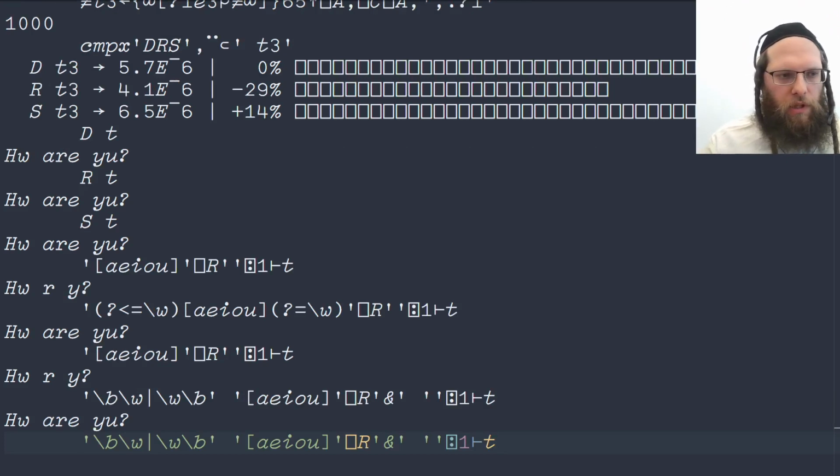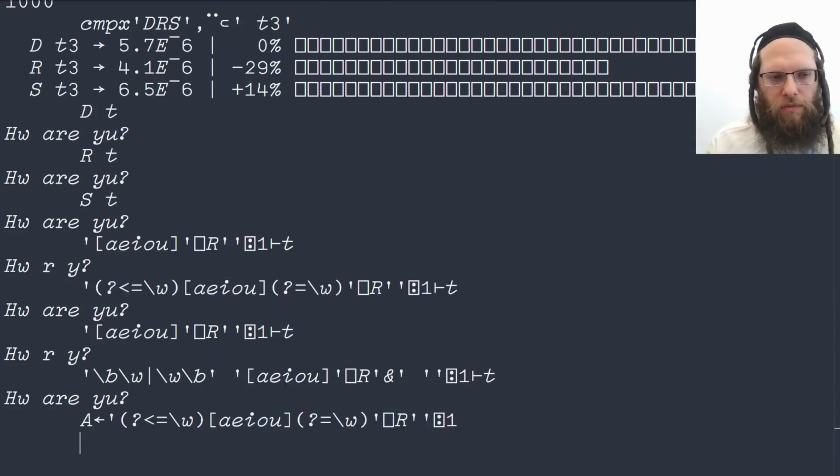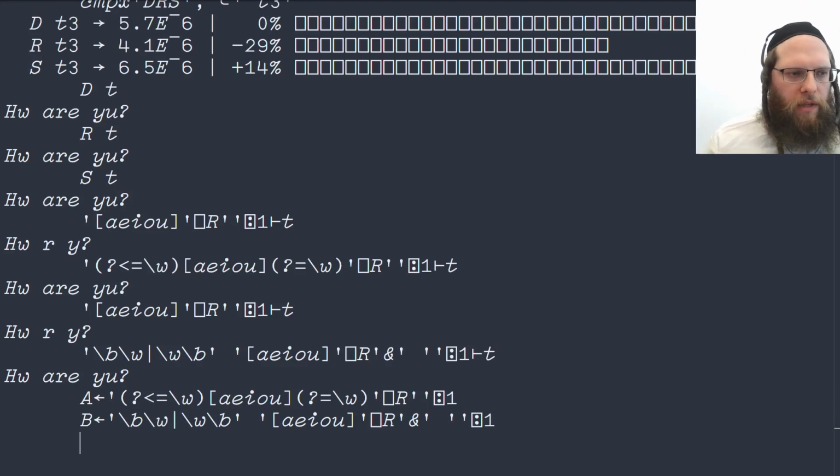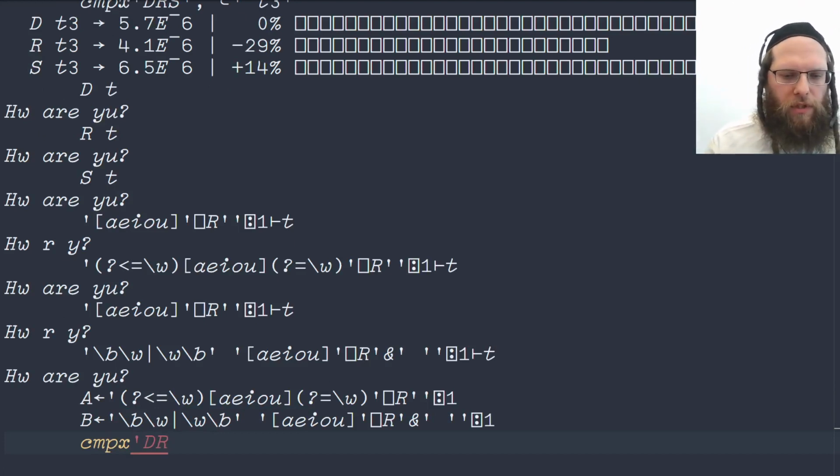So let's call this one B, for word boundaries, and the one we had before we'll call A, for look-arounds. And then we can compare the performance of these. So now we have drop, reduce, stencil, and then look-arounds and word boundaries.